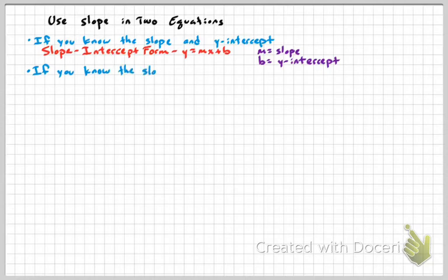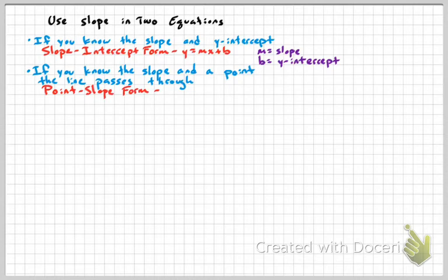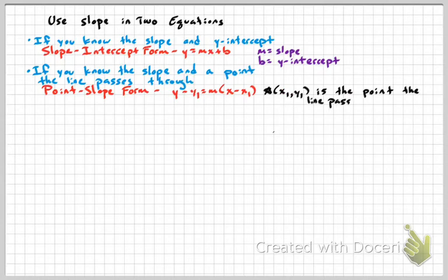If we know the slope and a point it passes through, or if we know 2 points it passes through, we have to use what's called point-slope form. And in point-slope form, we have the constants in our equation. So what I mean by that is the x and the y are never going to change in this equation.